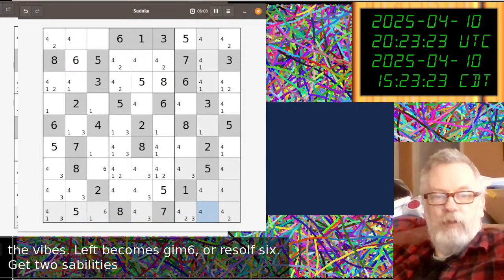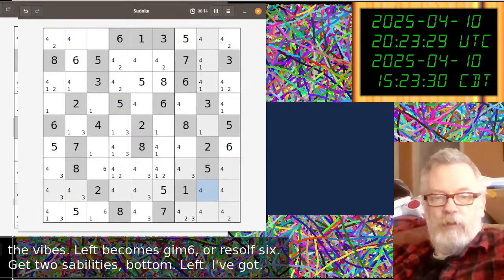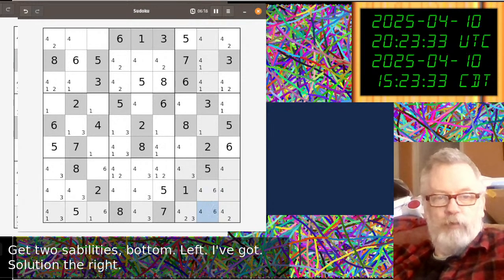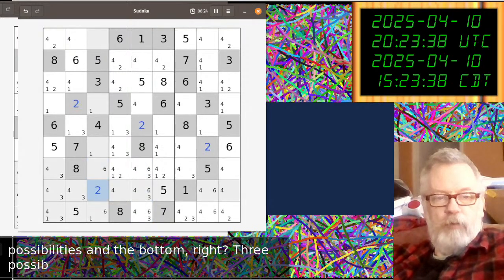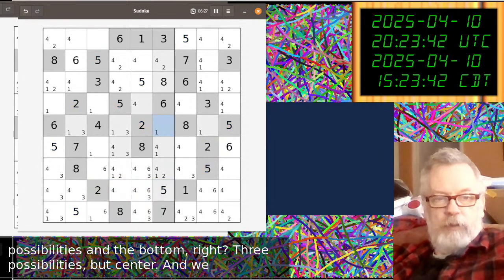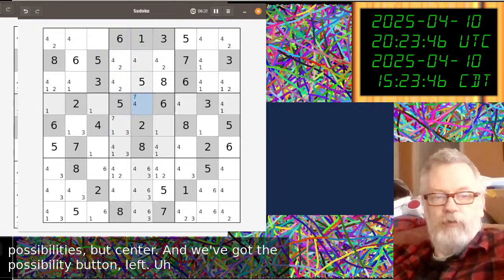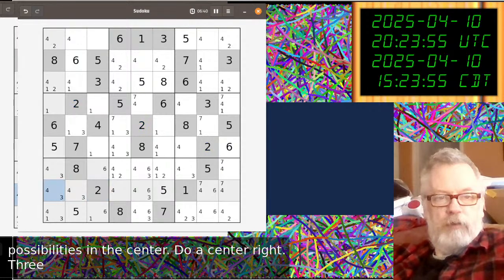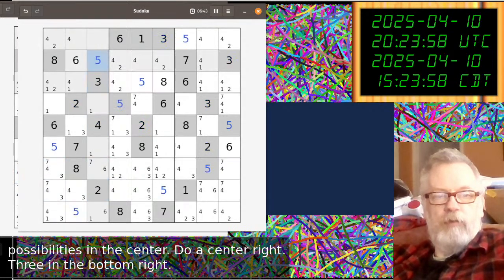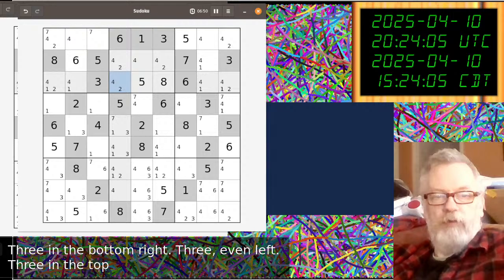I've got a solution in the middle right, and that gives me 2 possibilities in the bottom right, 3 possibilities in the bottom center, and we've already got the 2 possibilities in the bottom left. 7s, I've got 2 possibilities in the center, 2 in the center right, 3 in the bottom right, 3 in the bottom left, 2 in the top right or top left, because I've got a solution for a 7 in the top middle.